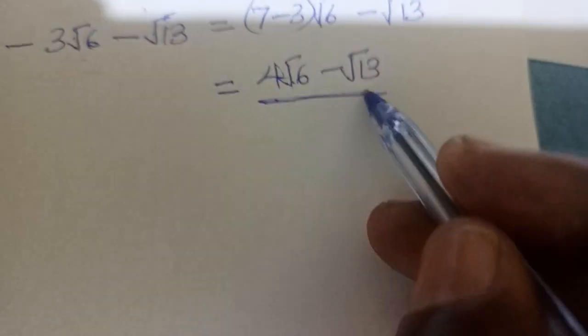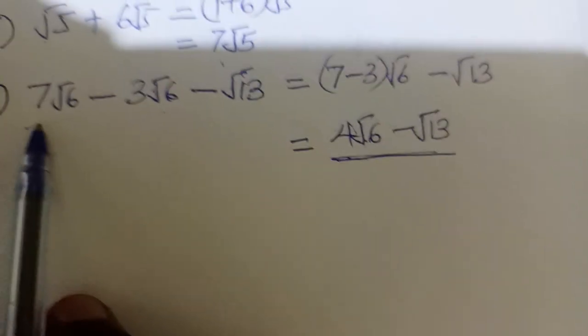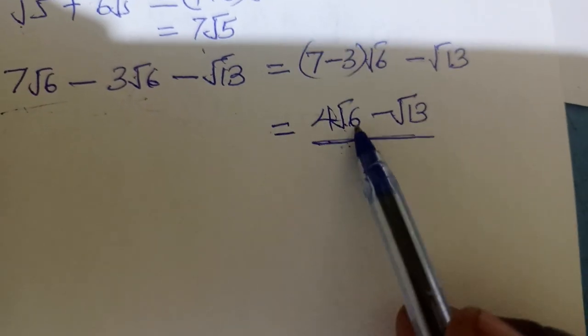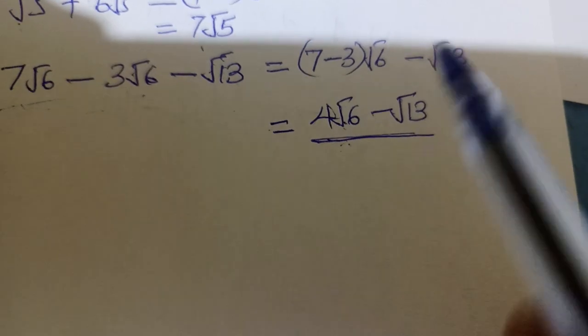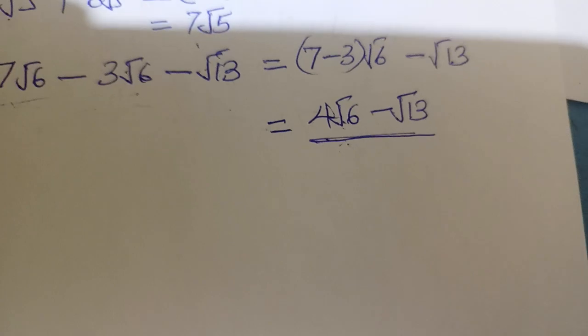So this is our final answer, and this is the farthest we can go with this question. Now if the two conditions are not met, then you leave the surd as it is.